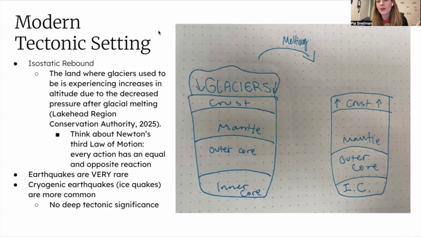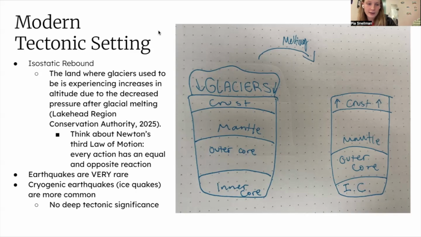Basically, it means that parts of the land are rising because they've been so used to having heavy glaciers on top of them for so long, and now that the glaciers are gone, the land is moving up without the continual pressure that the glaciers exerted on the land. I kind of think about this as similar to Newton's third law of motion, that every action has an equal and opposite reaction. So it's like the force is coming back now.